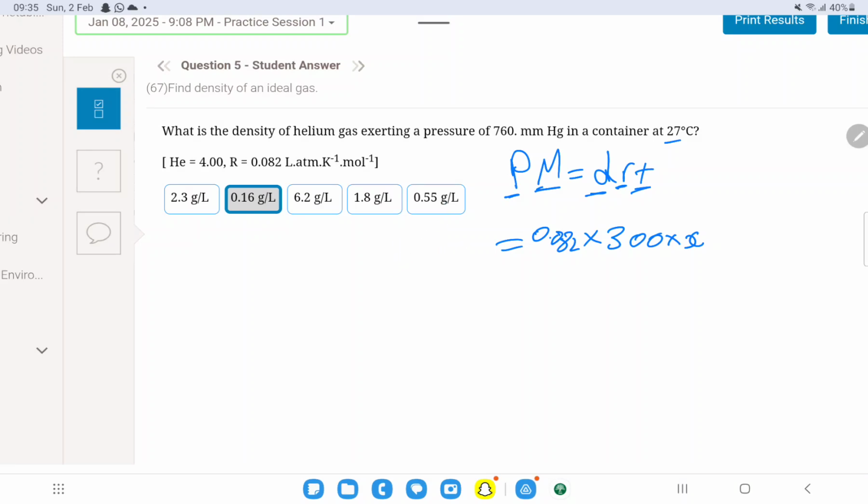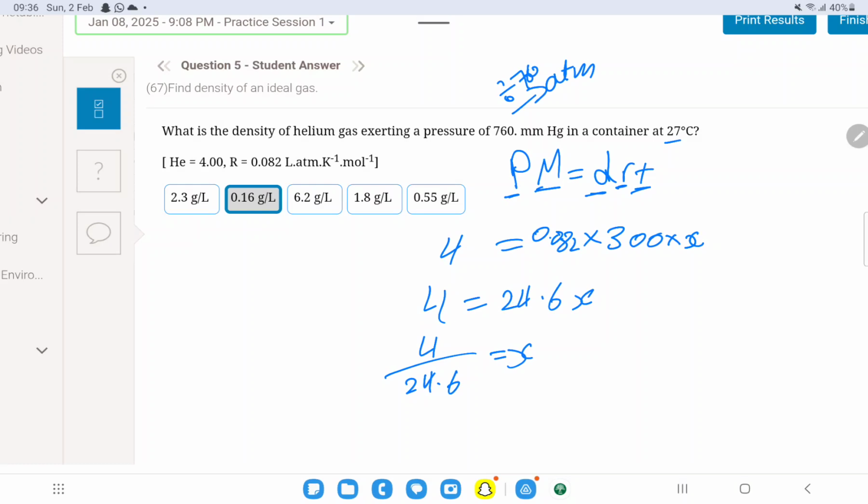P is pressure, 760 millimeter Hg. To convert it into ATM, you divide by 760, so it's 1 ATM, and the molar mass is 4, so 4 equals 300 times 0.082 equals 24.6x, and 4 divided by 24.6 equals x.